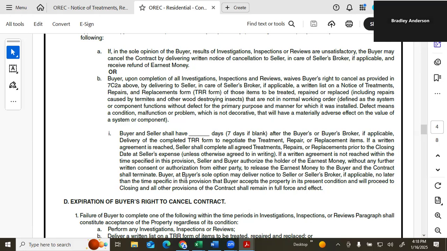Okay. Buyer at buyer's sole option may deliver notice to seller or seller's broker, if applicable, no later than the time specified in this provision that buyer accepts the property in its present condition and will proceed to the closing.